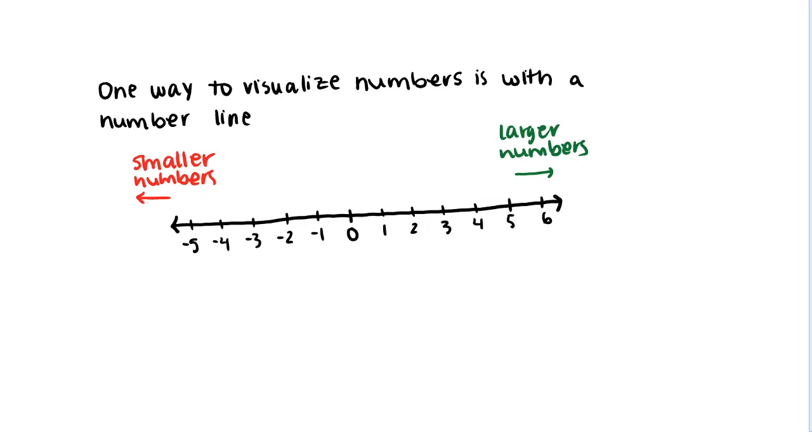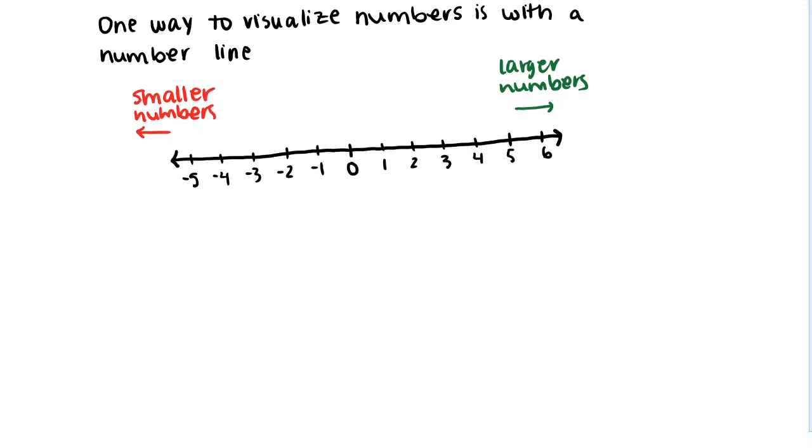So here, let's use this number line to compare some quantities and get used to how this number line works. One thing I'd like to mention, and this is something I'm sure you already know, is that the number 2 is less than the number 5.